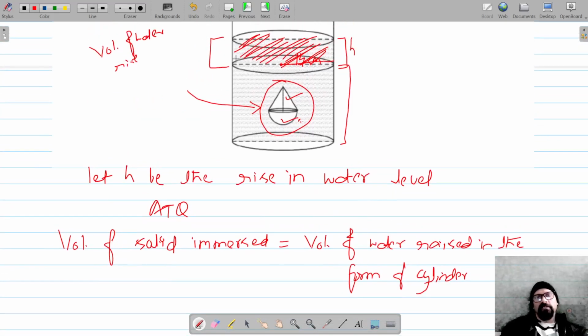So the volume that is raised takes the shape of the cylinder, and that's equal to the volume of solid immersed.